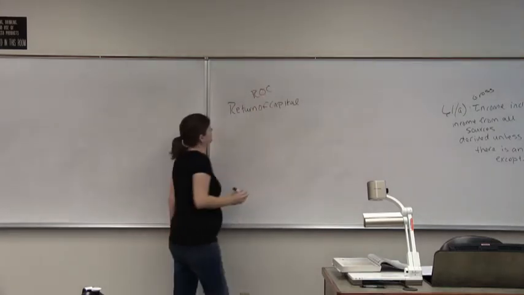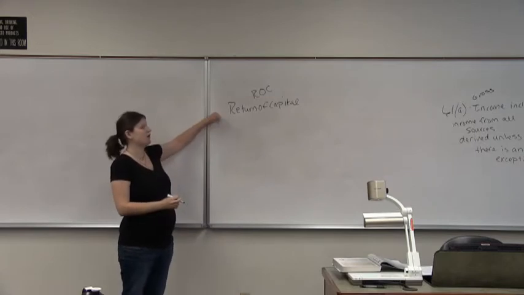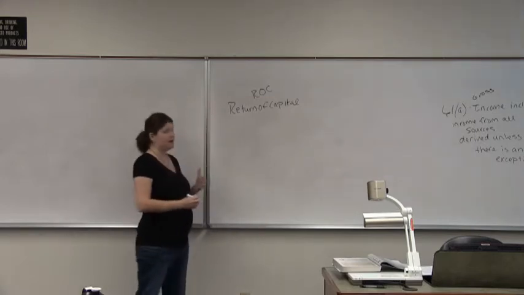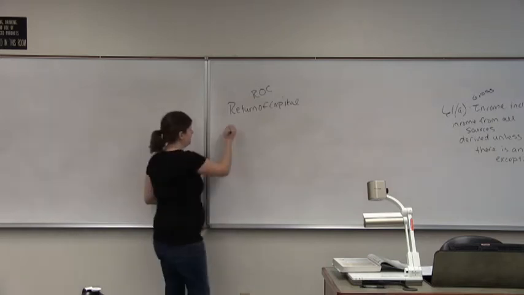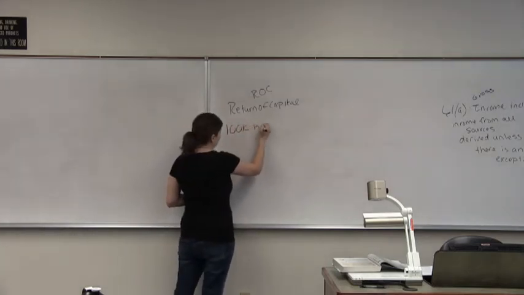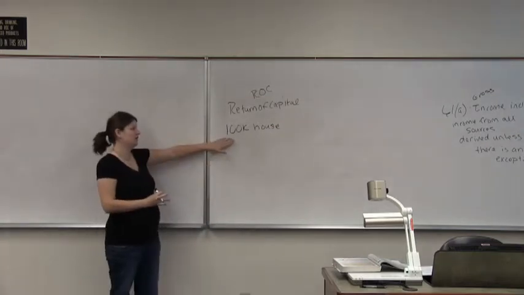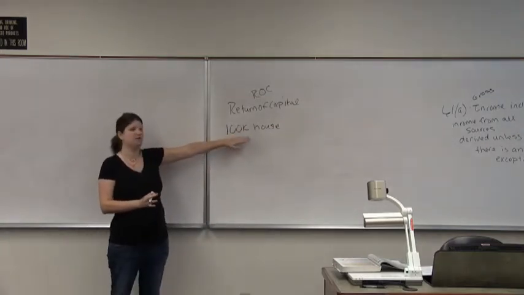This is your initial investment. So for example, let's say I buy a house and I spend $100,000 on buying this house. This is my initial investment. This is my capital that has been invested.